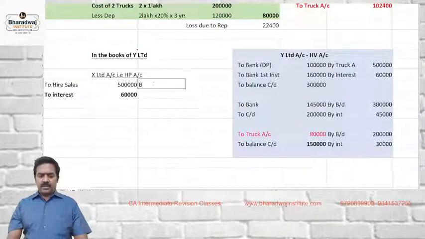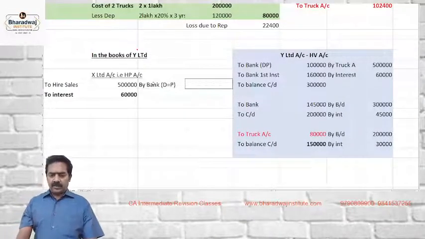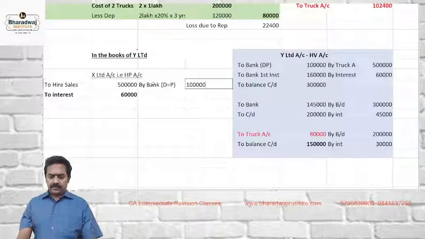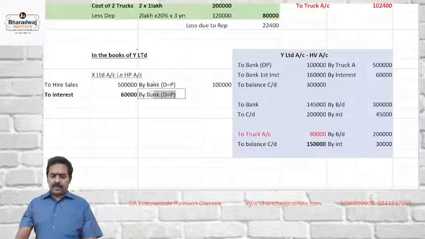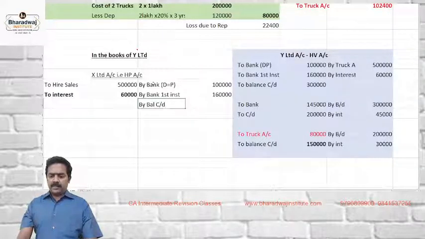60,000. It will be by bank for the down payment. What is the down payment? Then by bank for the first installment. By balance carry down. What is the closing balance? 3 lakhs.